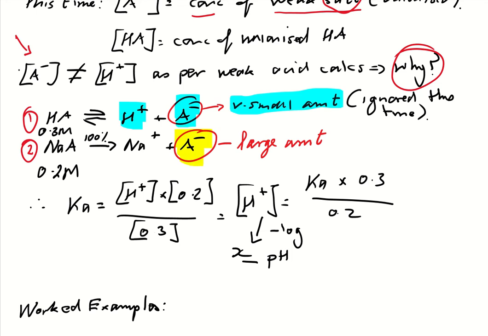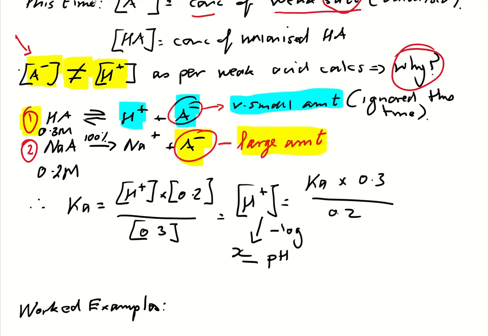And we know that the salt, sodium, whatever that salt happens to be this time, gives us a large amount of the A minus. So unlike with our weak acid just in equation number 1 here, this time we have A minus coming from 2 sources, and that's the reason why our A minus and our H plus are no longer equal.